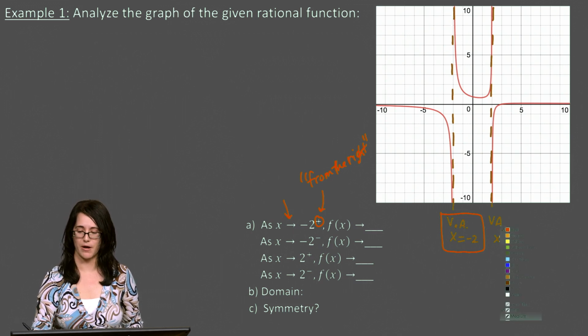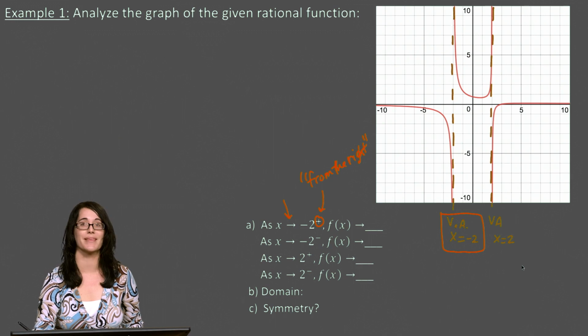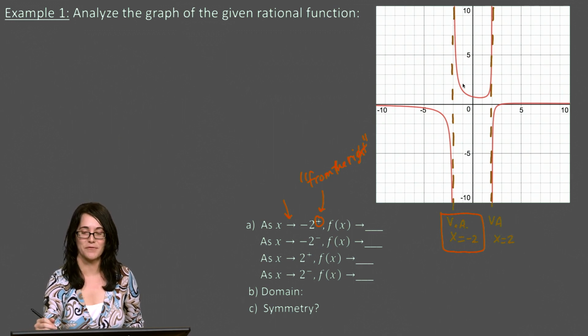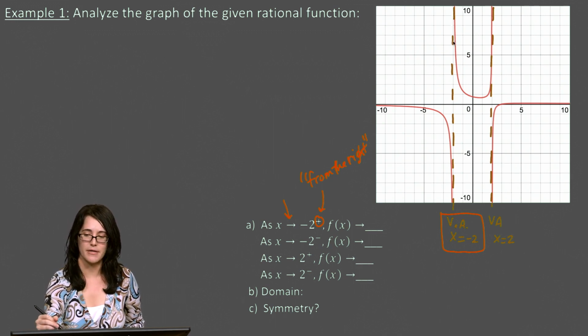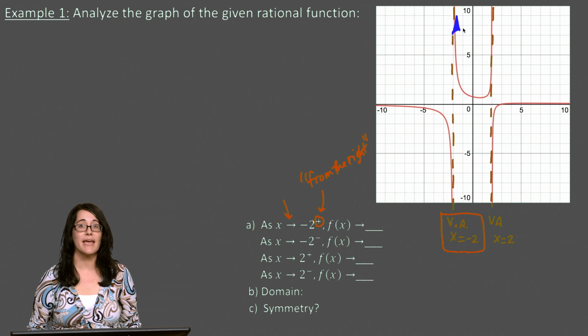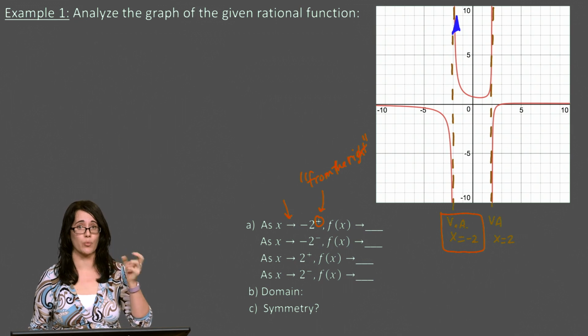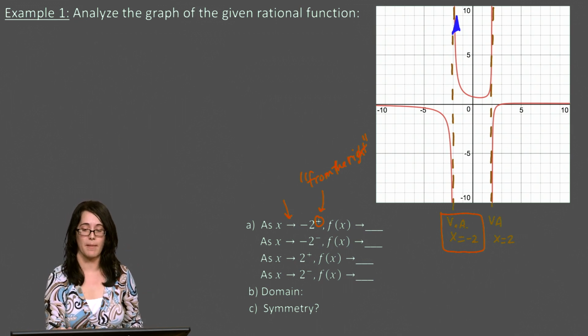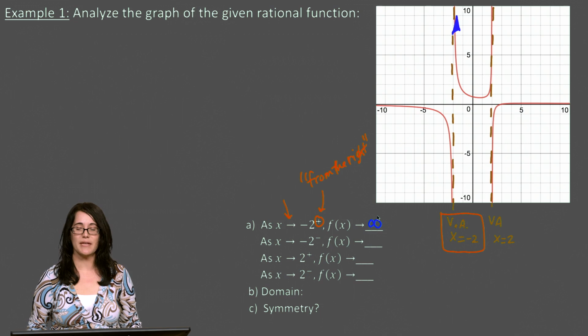So let me grab another color perhaps. Let's see, blue. As x approaches -2 from the right, that would be this piece here. We would notice that our growth is approaching up, the up direction. In other words, as x approaches -2 from the right, f of x, our function's output or y values, are getting bigger and bigger, meaning they are approaching positive infinity. That's right. Good job. See if you can answer the next one on your own.